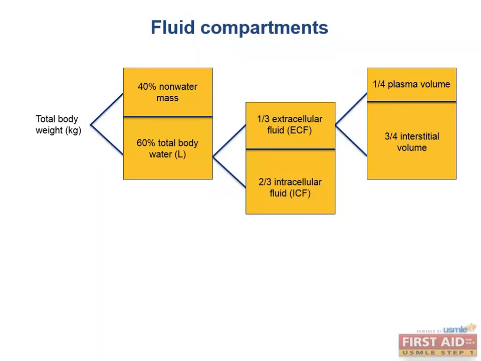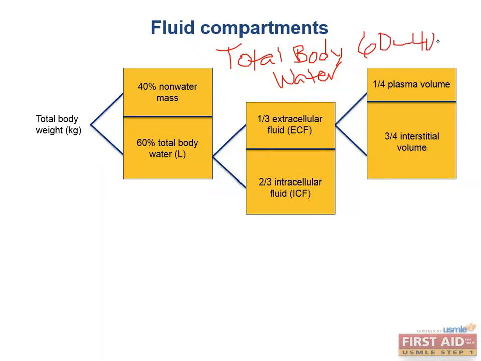Now recall that the total body water is split into several compartments. An easy way to remember the ratios is the 60-40-20 rule. The entire body is made up of 60% water.